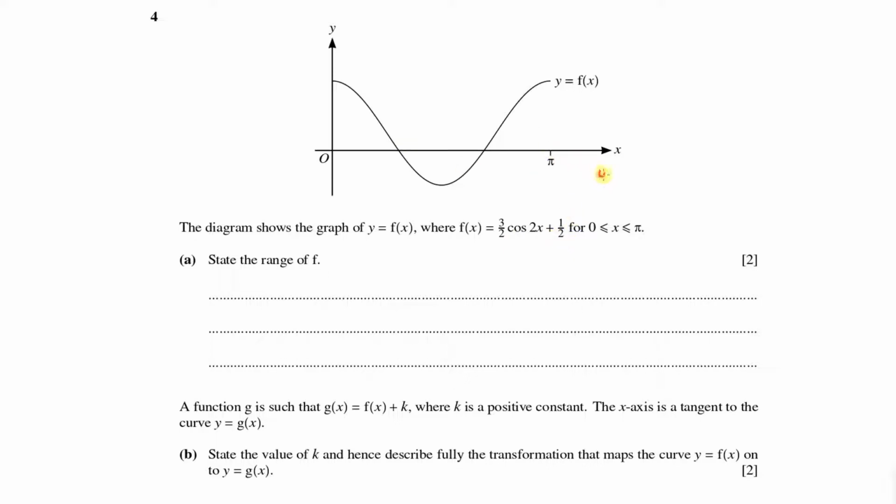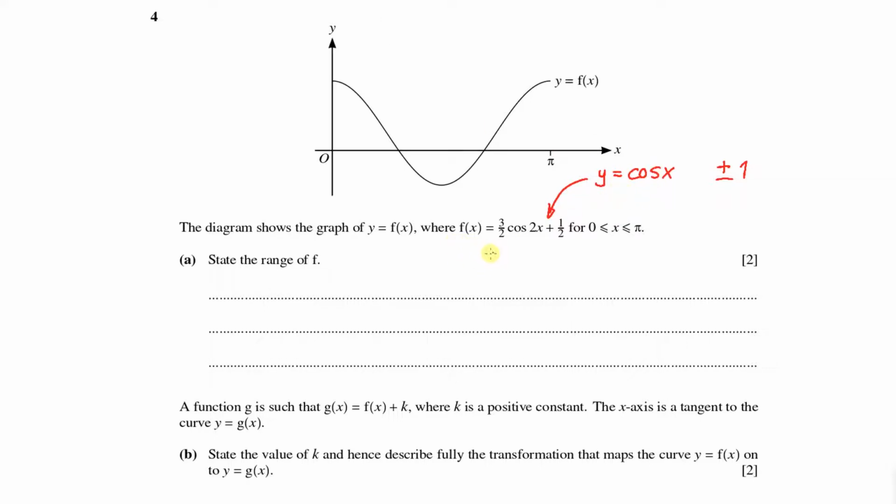Now we want the range of this function here, and it's a trig function. We know the original trig graph of y is equal to cos x, and we know that the range for the function cos x is within plus and minus 1. So y values between plus 1 and minus 1. So I think you can see that this graph here is simply a transformation of the graph of y is equal to cos x.